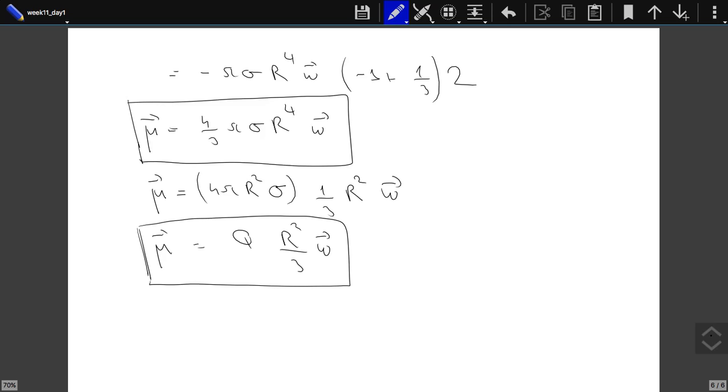What else do you know that is proportional to omega? Moment of inertia doesn't have a direction. Well, it's a tensor, but it's not a vector. But angular momentum.